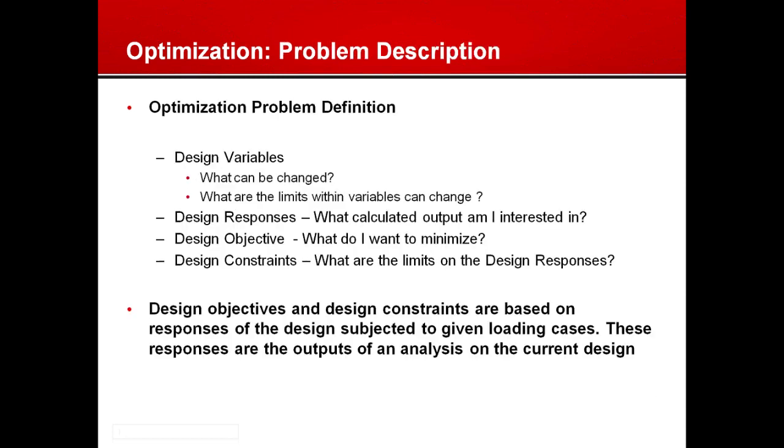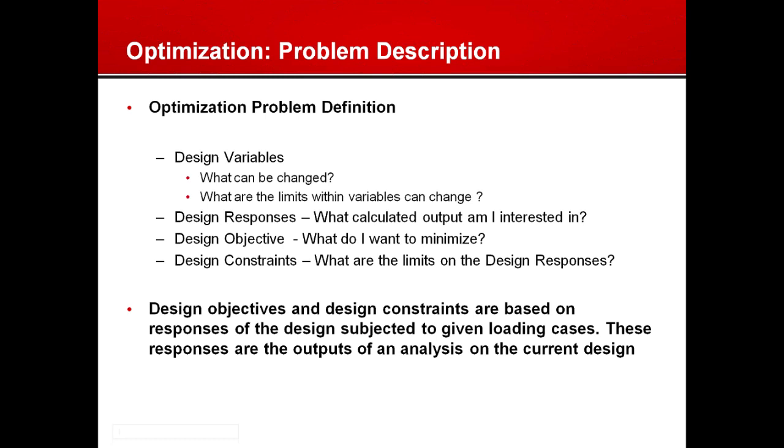So let's go ahead and look through this optimization and what it involves. Basically, in an optimization problem, you're trying to define what variables you are allowed to change and by how much, and what responses you are interested in monitoring, and what should be the values of those responses.